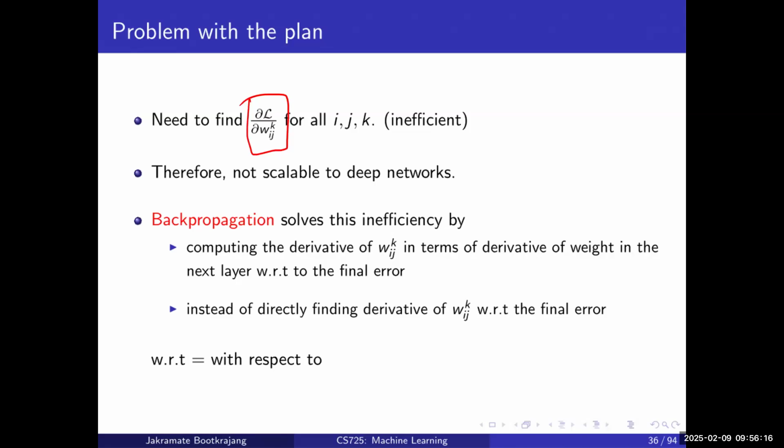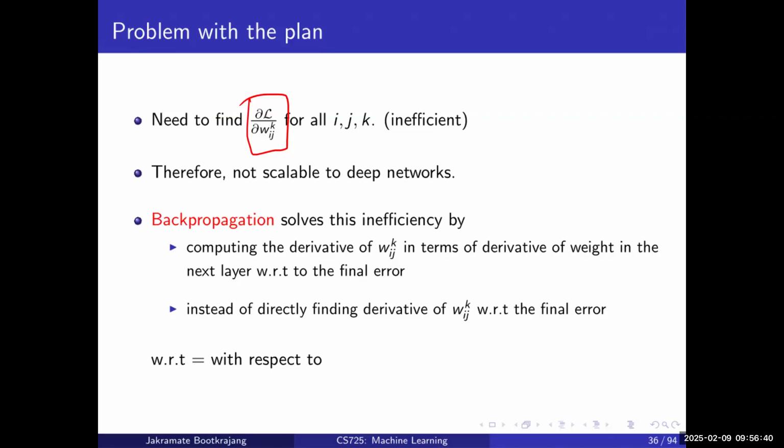The derivative of the error with respect to the weight. But in the last layer, this would be very hard because the equation gets bigger. So how do we solve this, right?